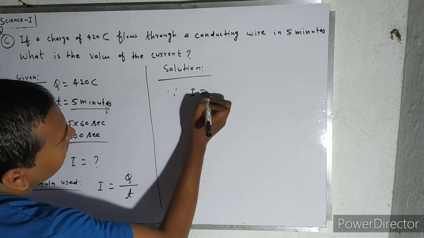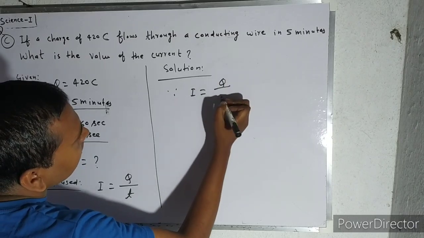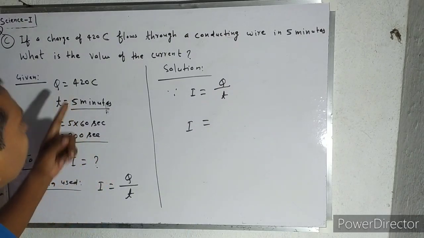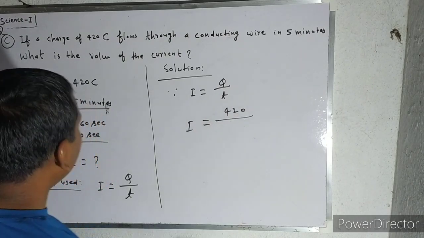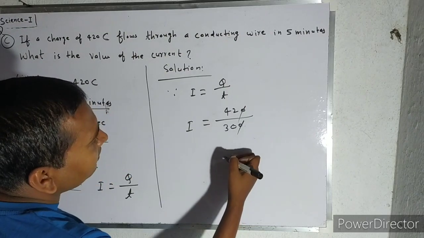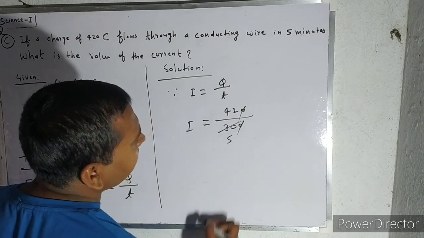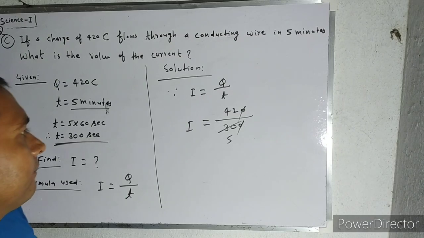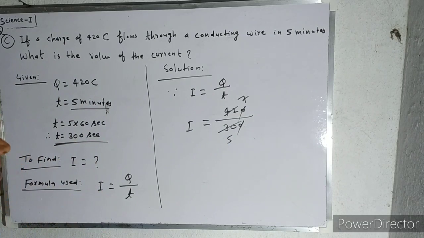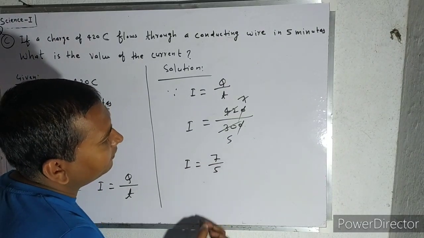Since we know that I is equal to Q upon T, Q is 420, T is 300. Now this is mathematics, these zeros will cancel. 6 5s are 30, 6 7s are 42, so 7 upon 5.